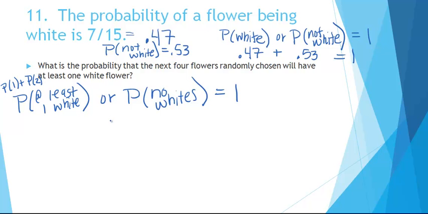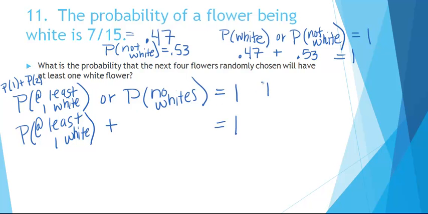It's easier to calculate the probability that none are white, no whites. And we can do that. So here, I'm just going to rewrite this, at least one white, and that's what we're going to be looking for. But we can calculate the probability of no whites.